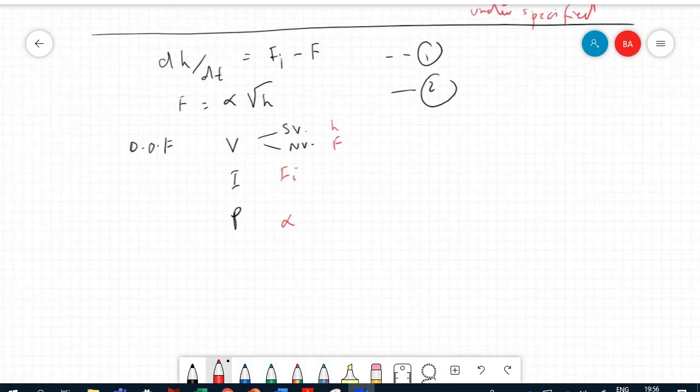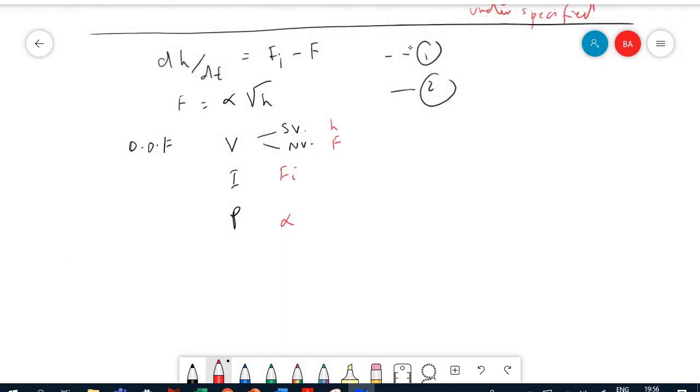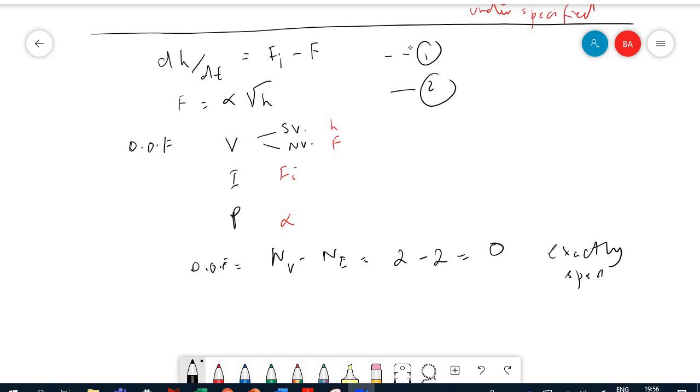If I calculate this, my degree of freedom is equal to NV minus NE. I have two variables, 2 minus 2 equations, is equal to 0. Exactly what we have obtained for our equation, exactly specified.